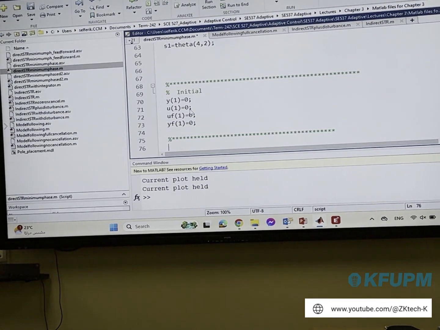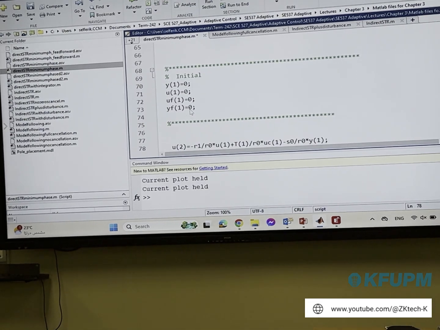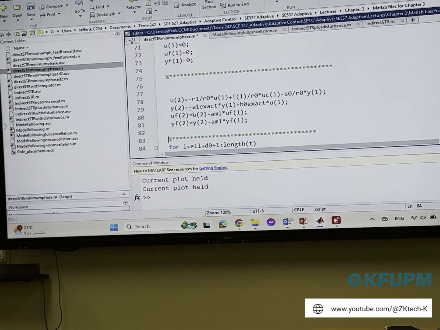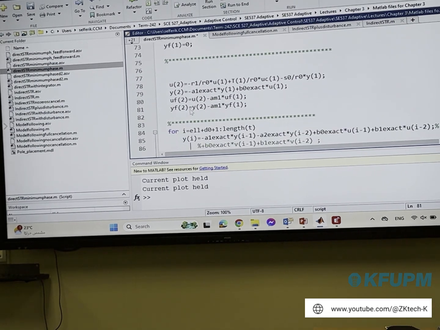Then we take the initial values of Y and Y filter because we have one regression in time. I can generate one initial value of U and Y and one filter based on this regression, but this is basically assuming that t minus 2 is 0. And then I start my loop.